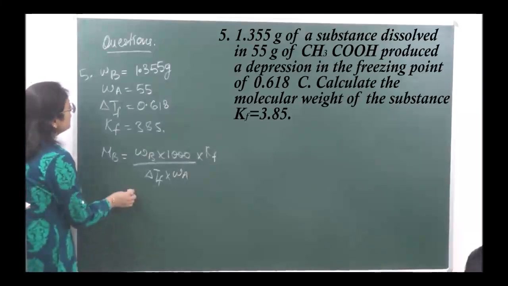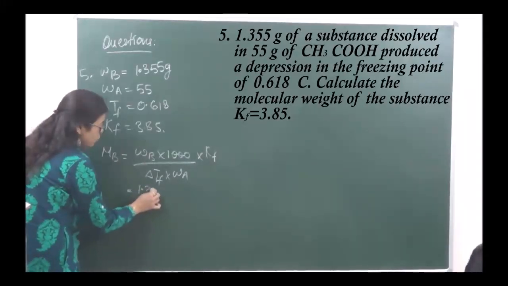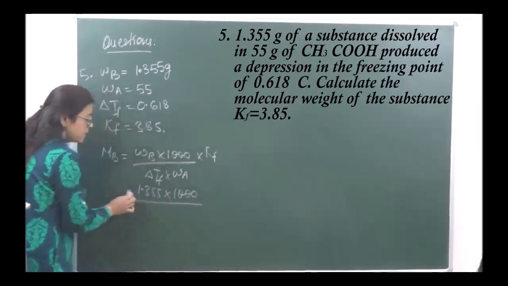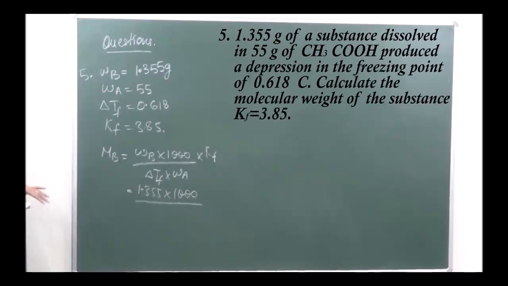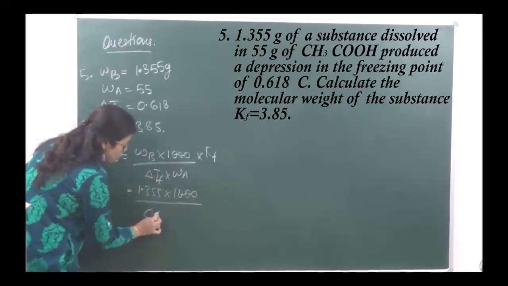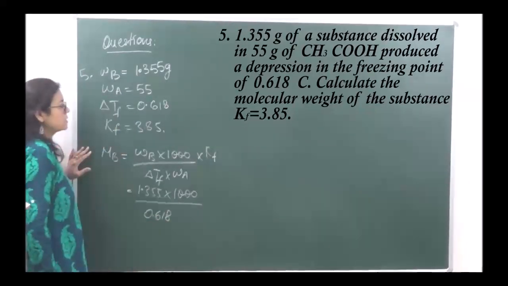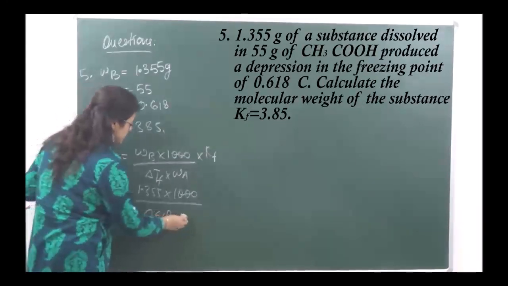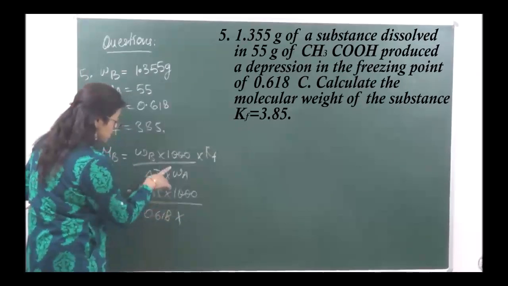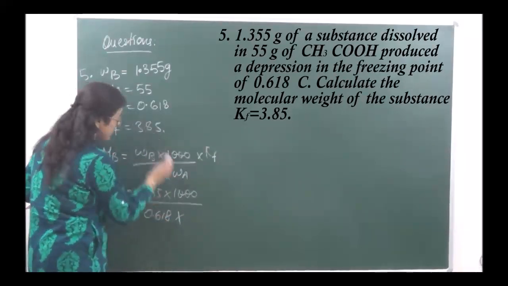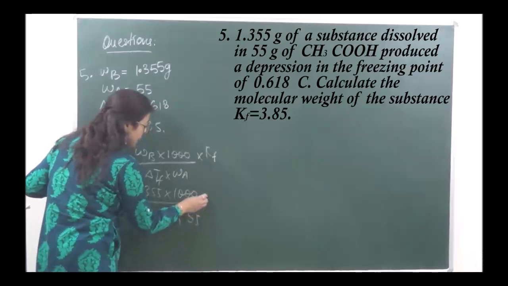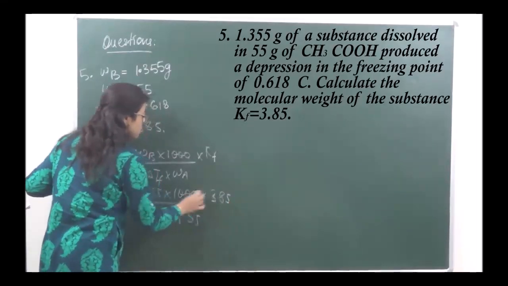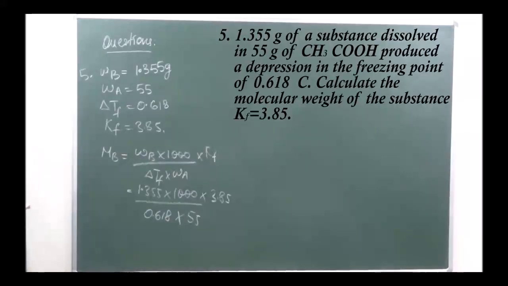WB given to us is 1.355 into 1000 upon delta TF, 0.618, into WA, which is 55, into KF, which is 3.85.